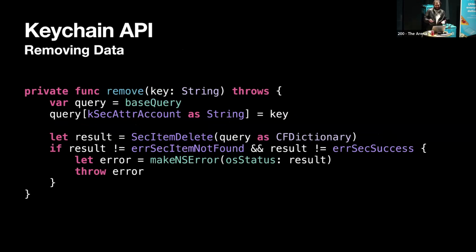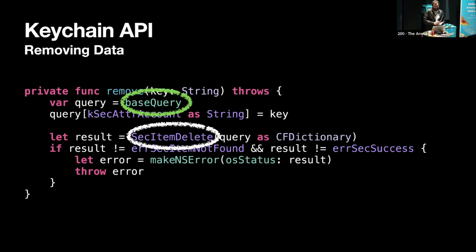And the key is an account. So Keychain has its own terminology. The service is sort of the name of the group of items, and the account is the key. And then you execute the deletion in this case, and checking the result.